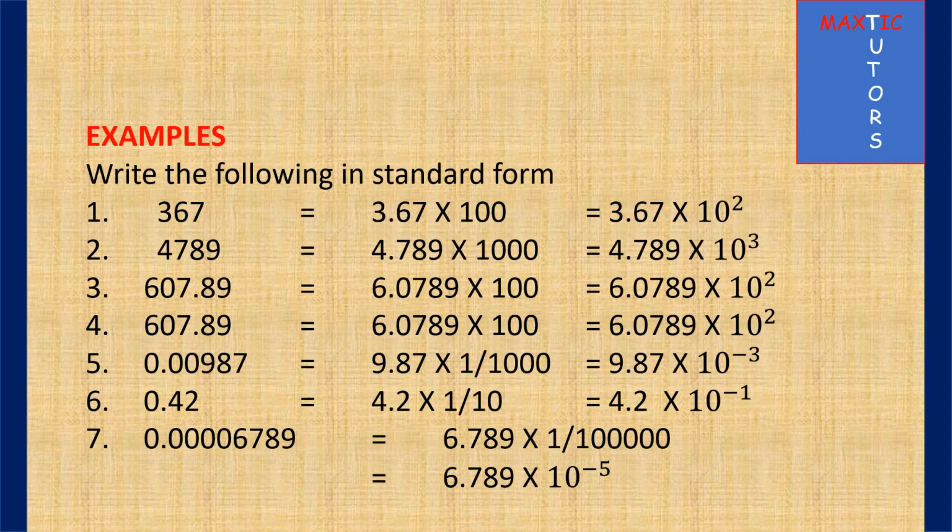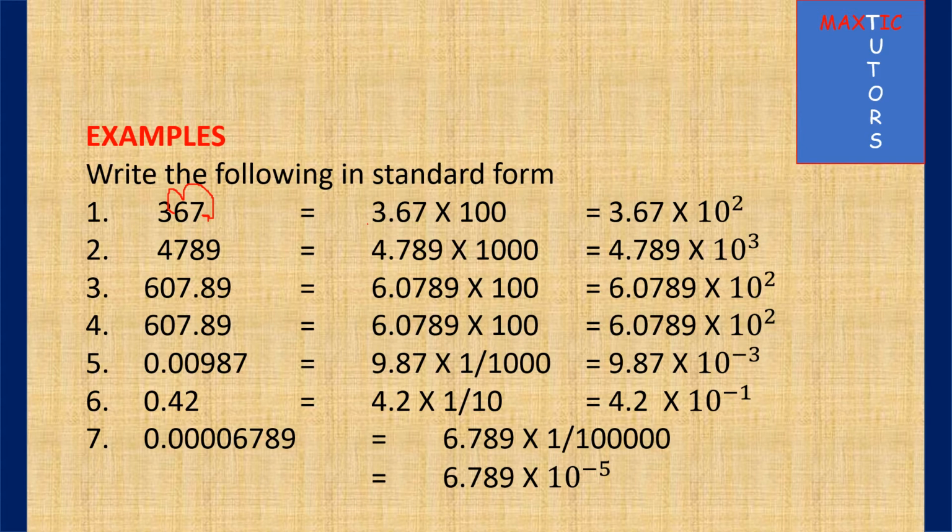Let's look at examples. Write the following in standard form. 367 is 3.67 times 100. How did I get this? You assume there's a decimal point here. Shift the decimal backward in such a way that what you have is a number less than 10. 367 is more than 10, 36.7 is also more than 10, the number between 1 and 10 will be 3.67.